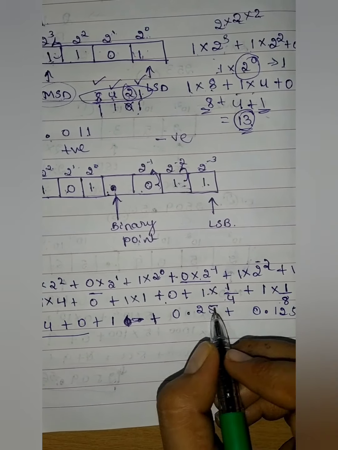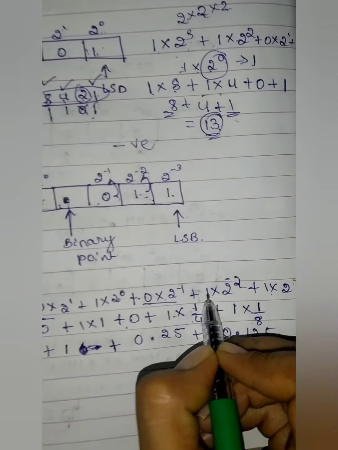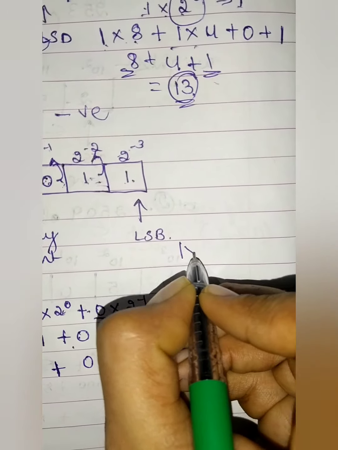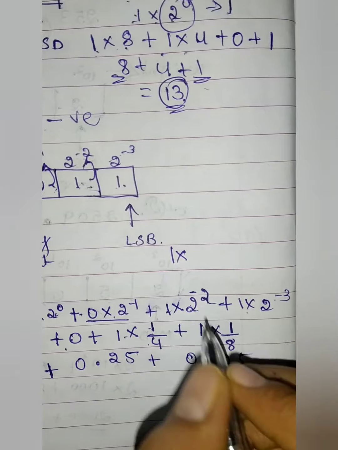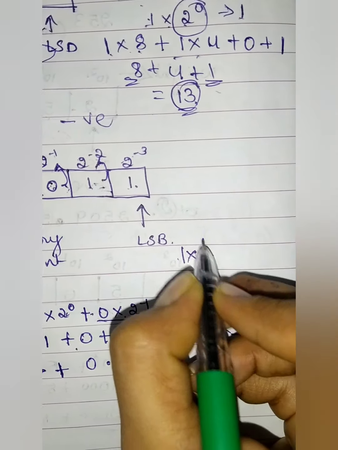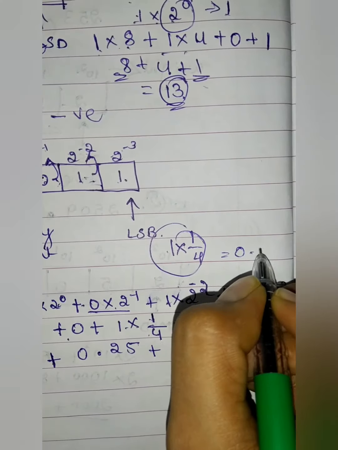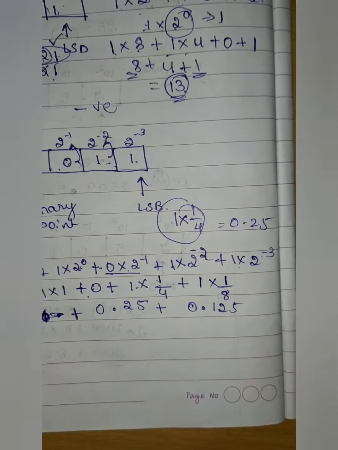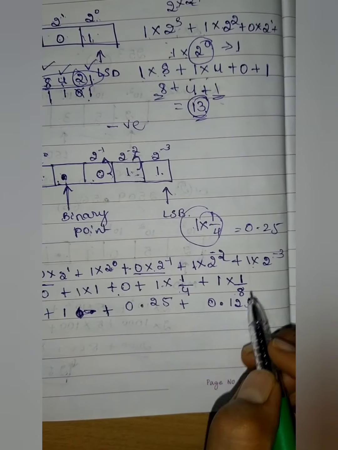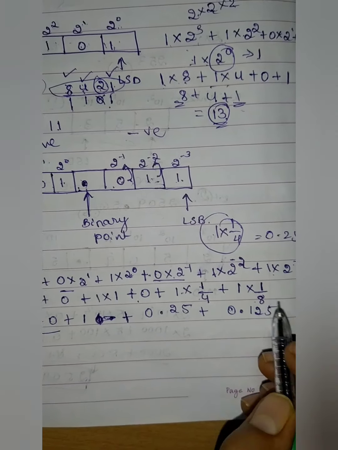So when you do it in a calculator, 1 into 2 to the power of 2 means 1 by 4. So 1 into 1 by 4 gives you 0.25. Okay, so 1 by 4 is 0.25 and 1 by 8 is 0.125.